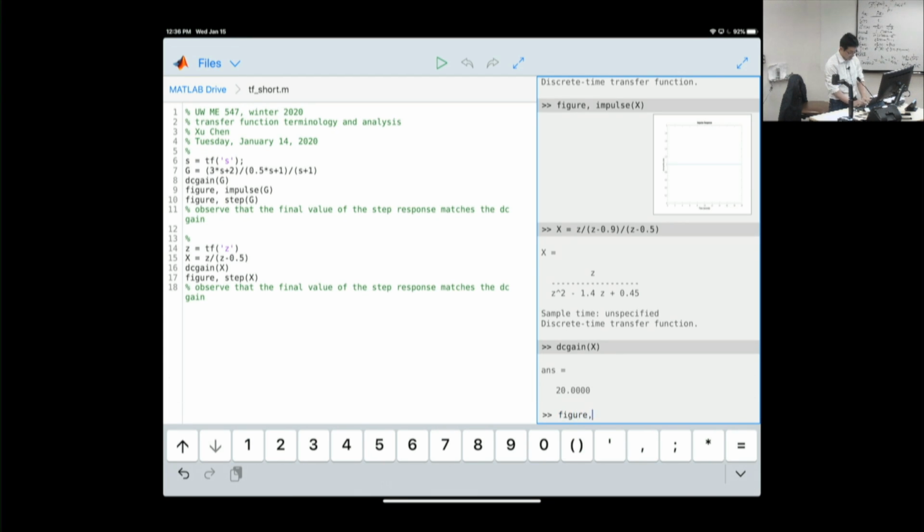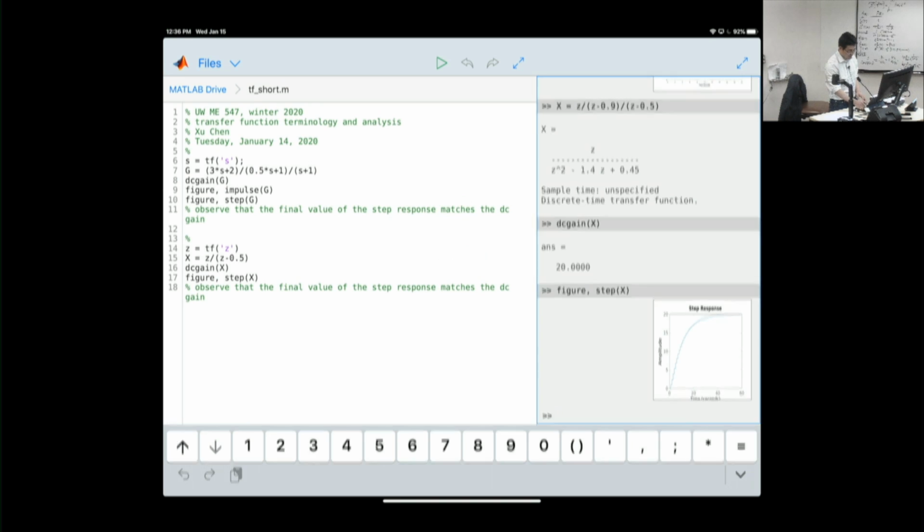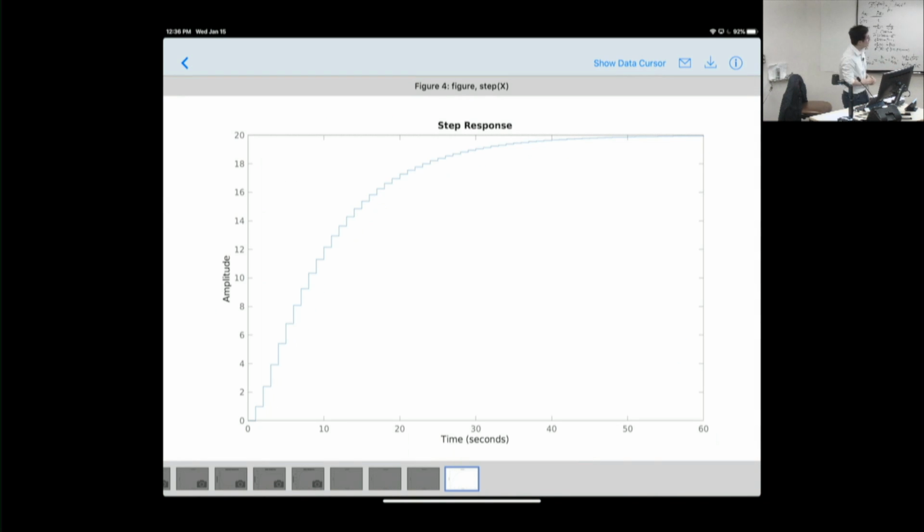And then if you do step x, then MATLAB gives us this. It means I apply input with magnitude 1. Then you see the output. So after some time transient, it goes to precisely the DC gain 20.